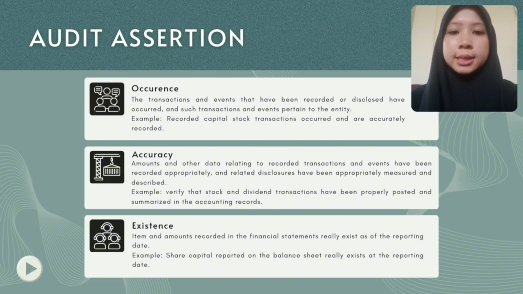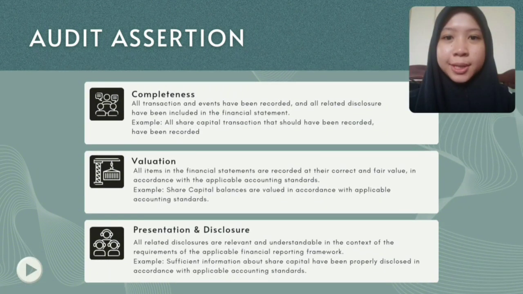Third, existence. Items and amounts recorded in the financial statements really exist as of the reporting date. For example, share capital reported on the balance sheet really exists at the reporting date. Next, completeness. All transactions and events that should have been recorded and all related disclosures have been included in the financial statements.